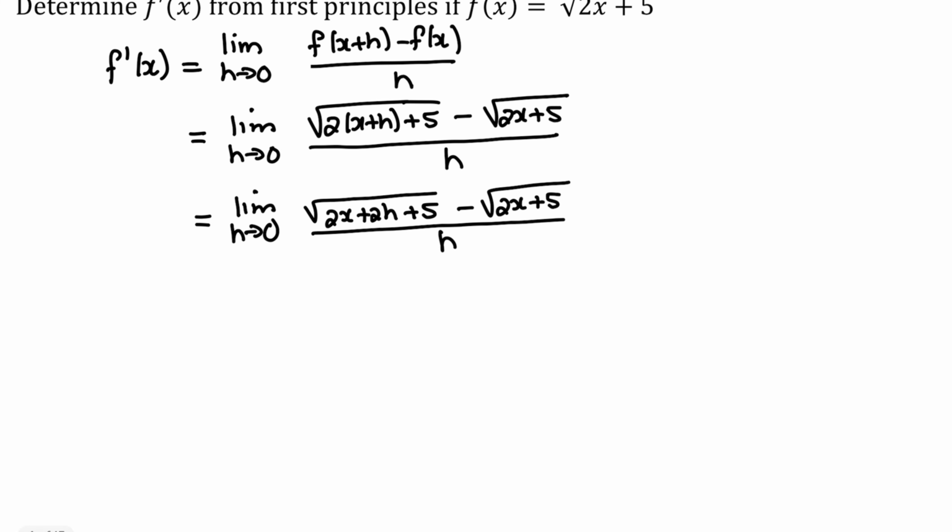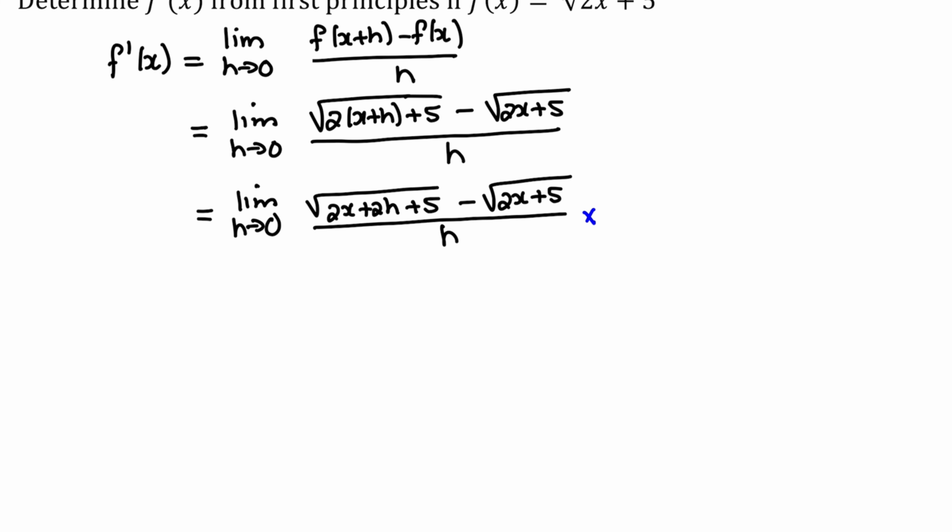So this is where the mathematics gets a little bit messy, because I cannot remove these square roots and I cannot substitute h with 0 because then the fraction would be undefined. What I need to do is find a way to get rid of the square roots in the numerator.